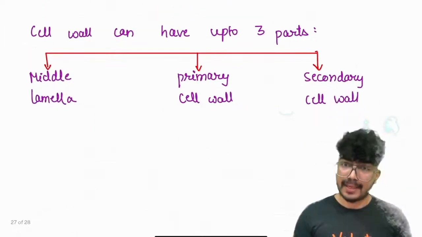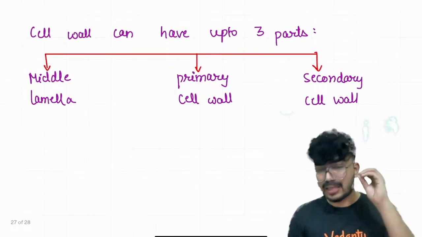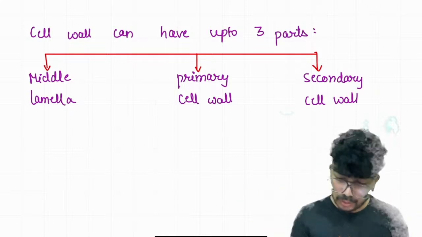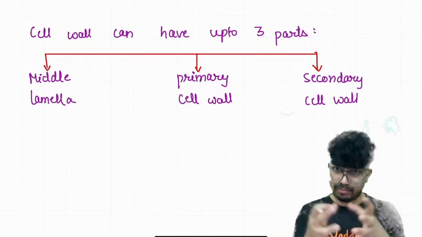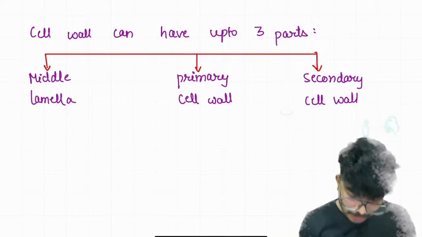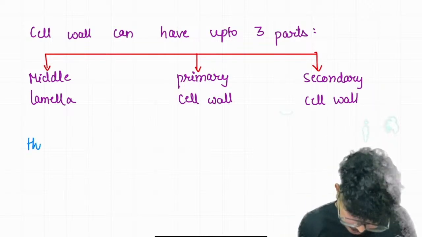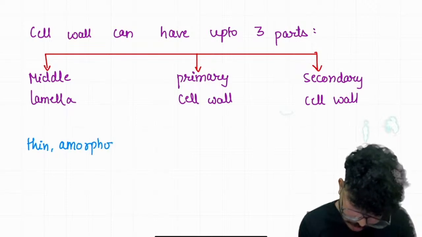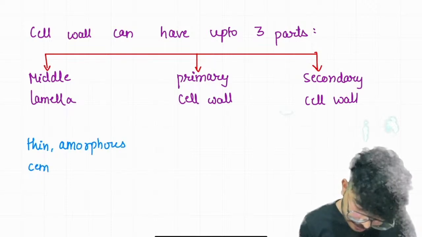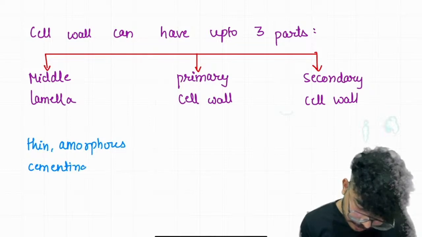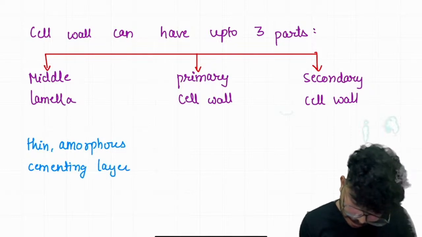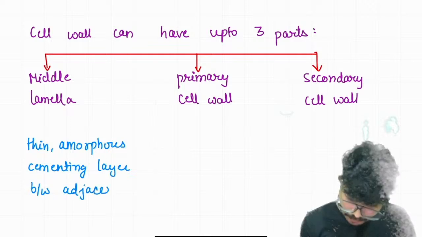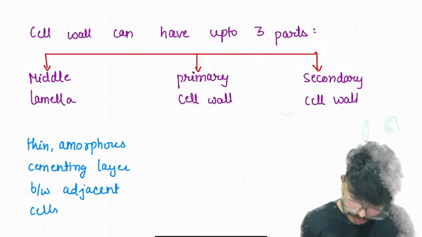So let's start with the middle lamella now. The middle lamella is a thin amorphous cementing layer between the adjacent cells. So it basically cements the cells, keeps them together, holds them together. So it is a thin, amorphous cementing layer between adjacent cells.